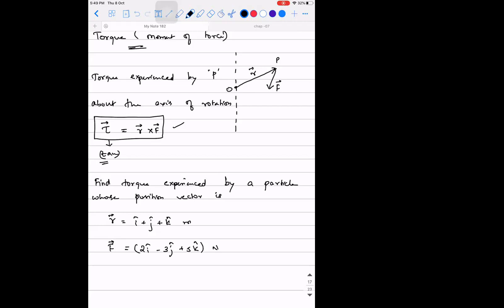If they give you this kind of expression, or these variables and values, our work is to find torque using the basic formula r vector cross F.